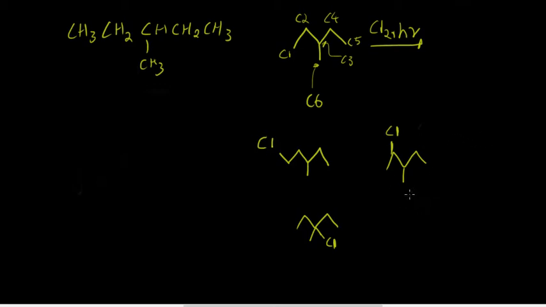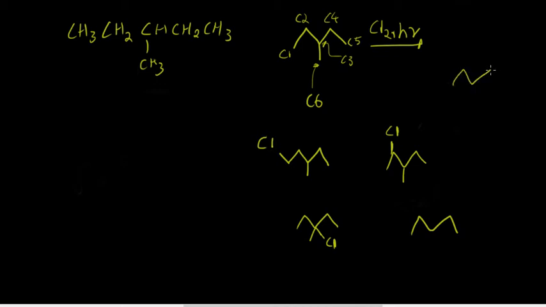And finally, you could have chlorination at C6. Remember, chlorination at C6 would be different from chlorination at C1 and C5, even though the hydrogens at C6 are primary, just like the ones at C1 and C5. C1 and C5 are 2 carbons from this branch point, whereas C6 is only 1 carbon from the branch point.